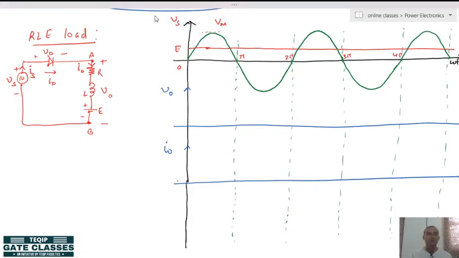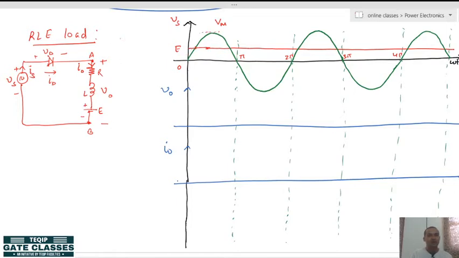Before drawing the load voltage, just see one thing here. Just prior to this point where E and the source voltage meet each other, the E voltage is greater than the source voltage.